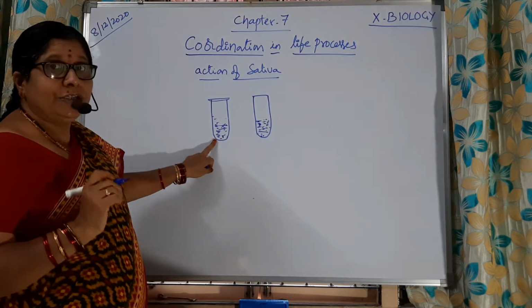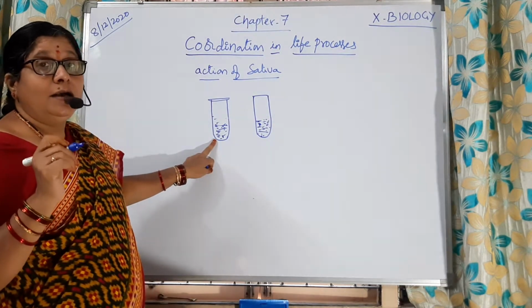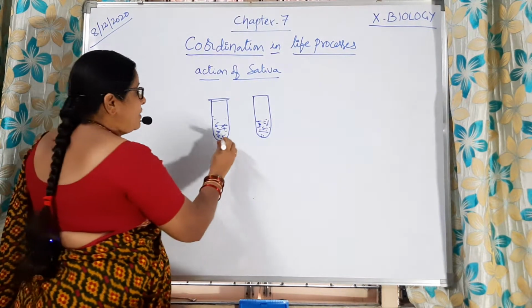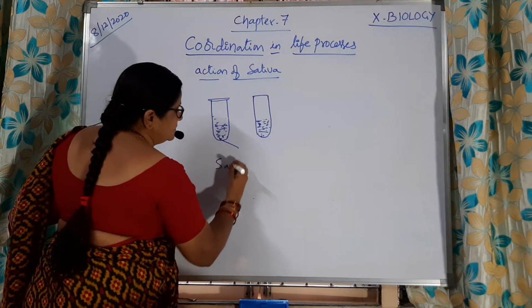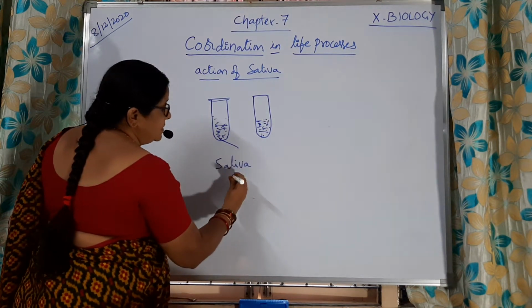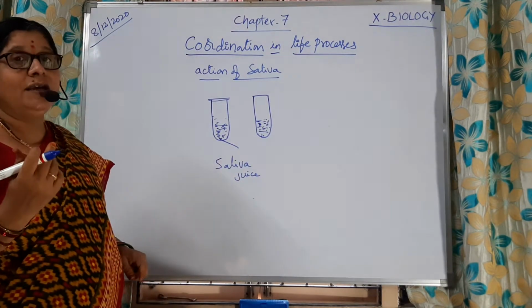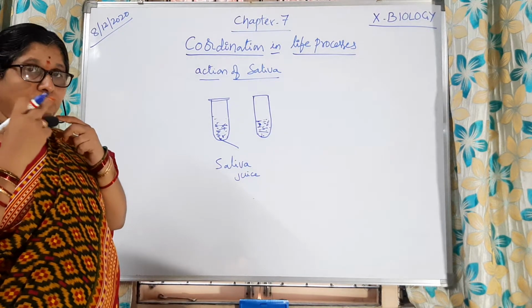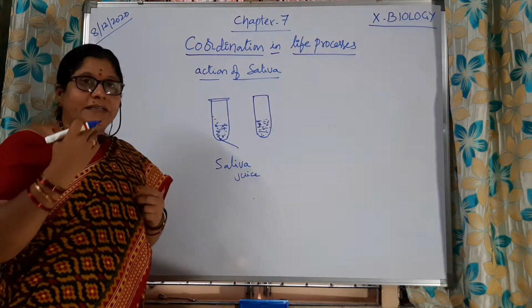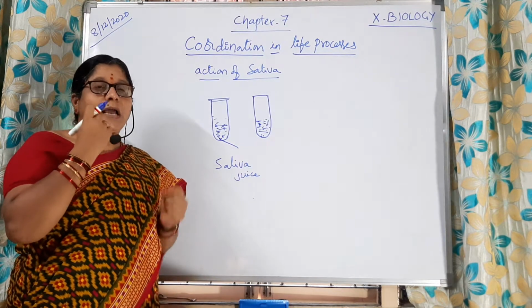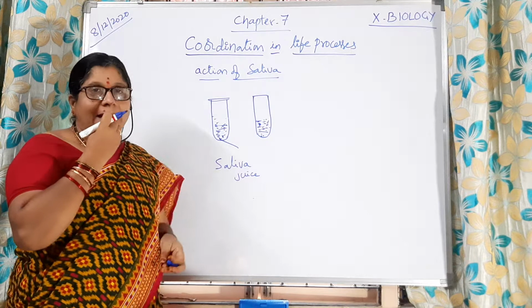To one of the test tubes, we have to add 1 spoon of saliva juice. Is it clear to you? How do we collect it? Before we conduct this activity, we have to rinse our mouth and keep paraffin wax in it.